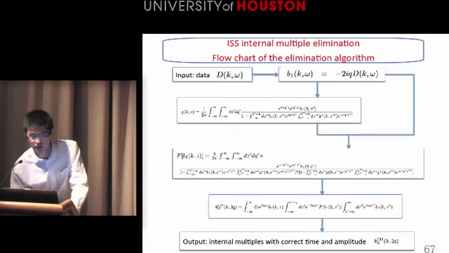Then we combine these intermediate traces with the original data B1, and we get a middle integral function f. We put the middle integral f function into the original internal multiple attenuation algorithm. Now we can remove the attenuation factor and make the internal multiple attenuation algorithm an elimination algorithm. Then we can output the internal multiples with correct time and correct amplitude.